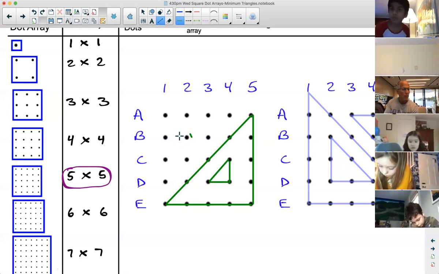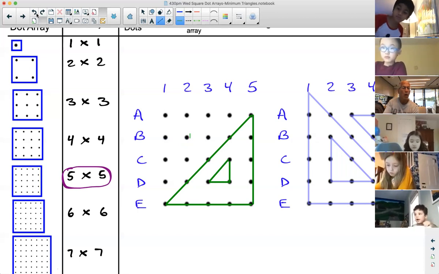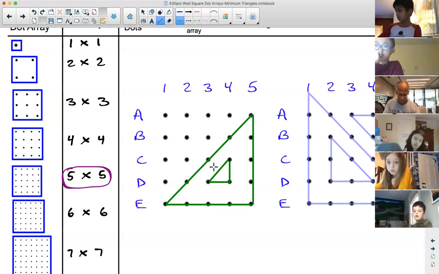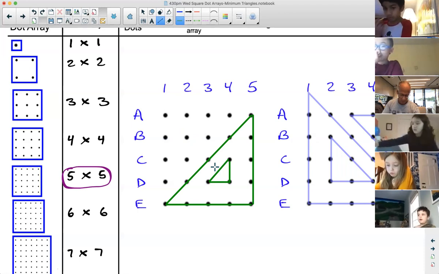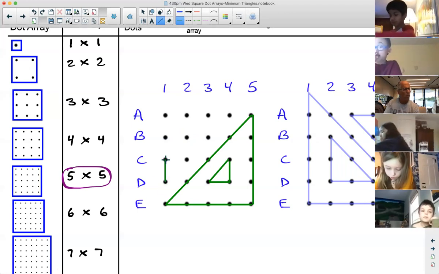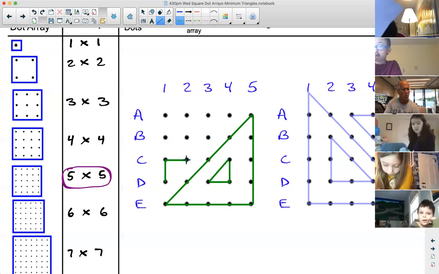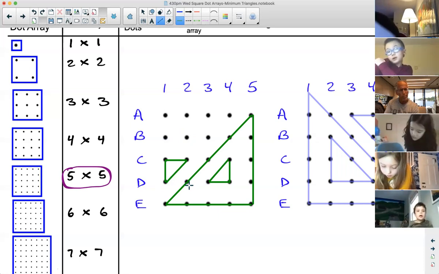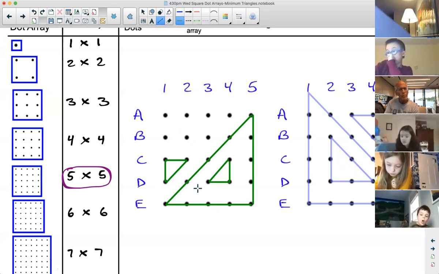Yeah, but I did different triangles. I did a triangle from D1 and C1 and C2. D1 to C1. Yeah. And C2, and then connect those. And then I was wondering if I could do one from, well, this one I think I can do, but I'm not quite sure.